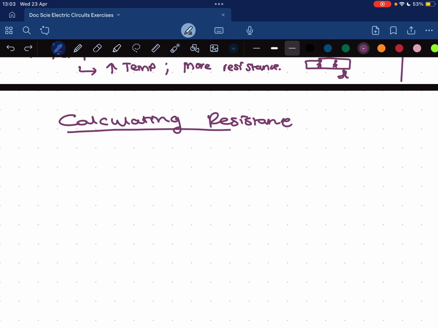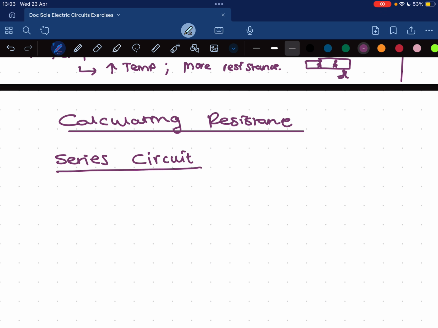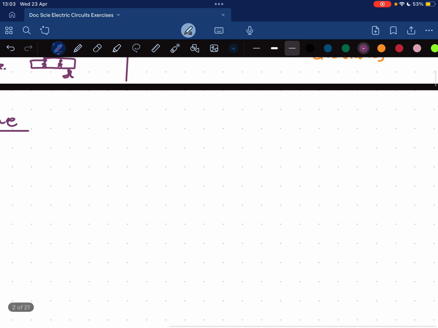The first that we look at is a series circuit, and we look at a parallel circuit.